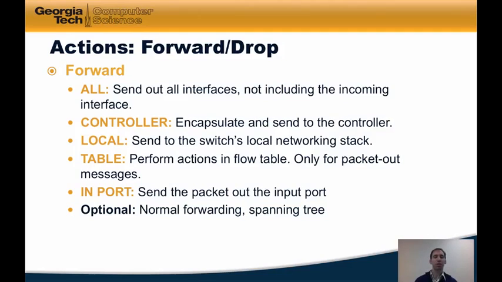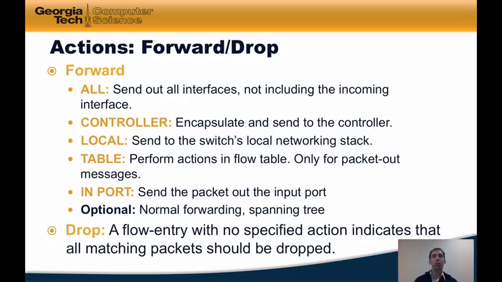The OpenFlow 1.0 specification also specifies some optional actions, such as forwarding the packet as the switch normally would, and forwarding the packet according to a spanning tree. The other mandatory action is the drop action, whereby a flow entry with no specified action indicates that all matching packets for that flow table entry should be dropped.